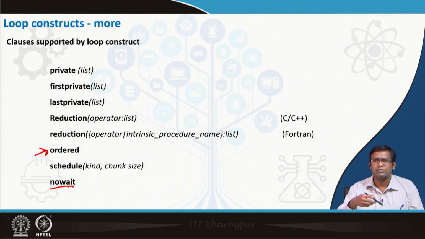In this particular case, because they are operating on a thread private variable, this could easily have been done. We could have put nowait, and if you execute the program, you will see that the program is faster, because threads are not waiting; they finish their job and go to the next step as and when done.